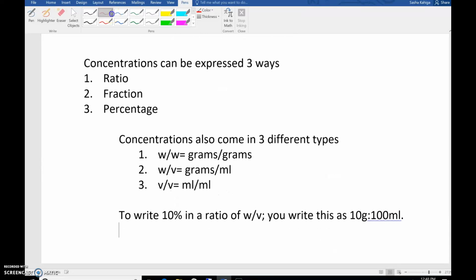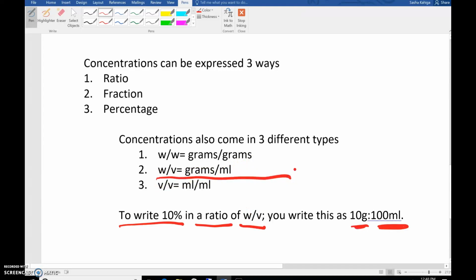That makes sense. Again, if I want you to write 10% in a ratio of weight to volume, you're going to rewrite it as 10 grams to 100 milliliters, because remember, weight has to be in grams and volume is in milliliters, because your units for weight to volume, I just told you, is gram per milliliter.